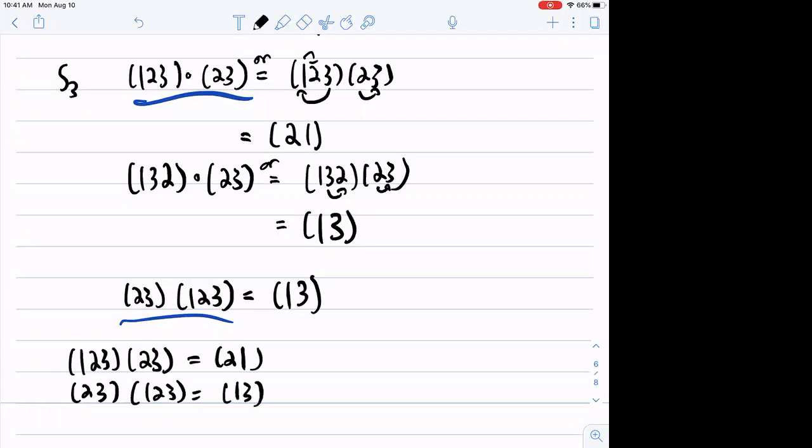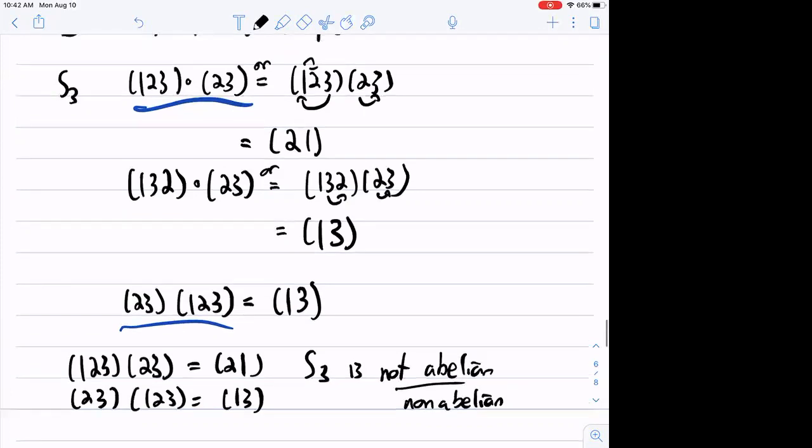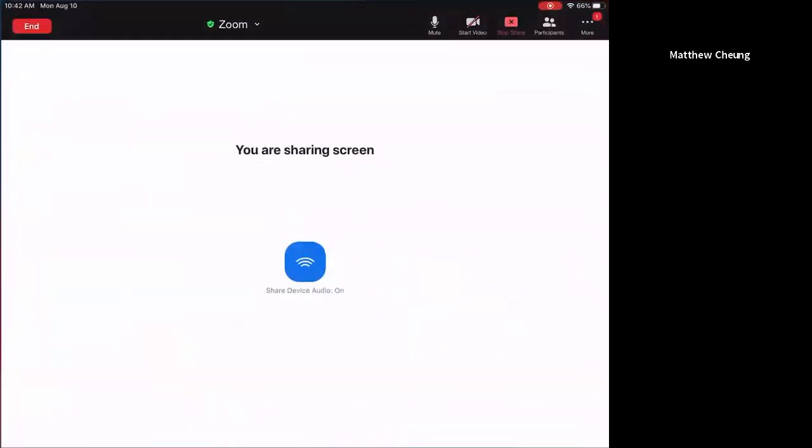So this shows S3 is not abelian, right? I forgot what the book read. The books, I think they might have written non-abelian. Same thing. So your cycles do not commute. Is everyone good so far?